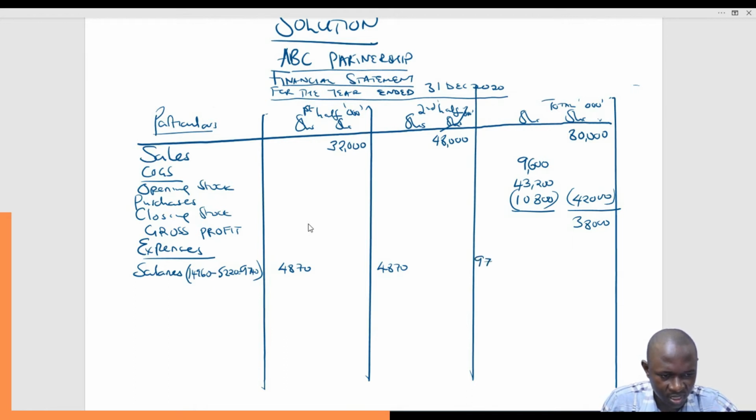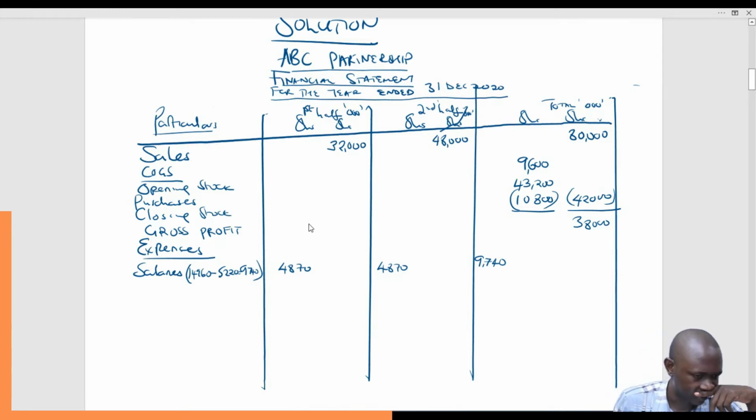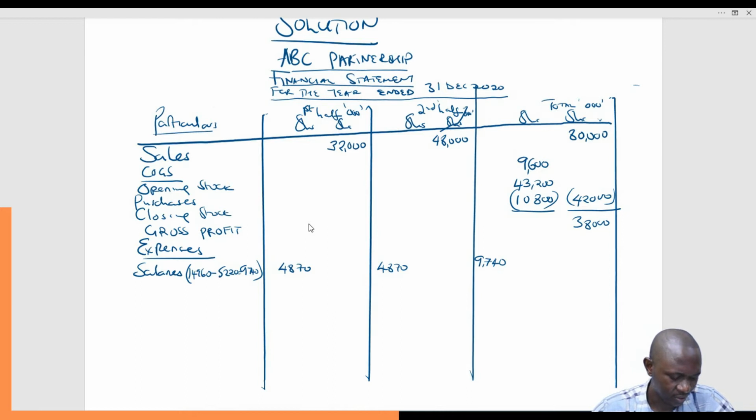Now, there is something here that we've left out, which is very important. If we are to continue with this journey the way we are proceeding, then we need to have gross profit also for the first half and for the second half. How do we get gross profit for the first half and the second half? We'll work with the assumption that the cost of goods sold, because we were given the sales, remember?